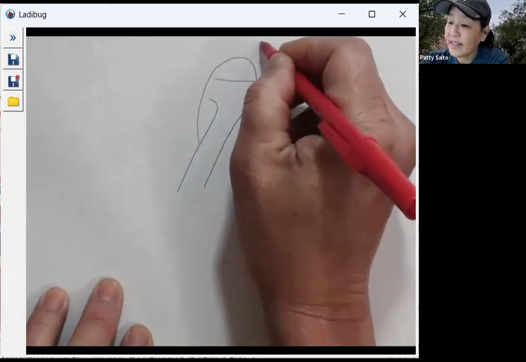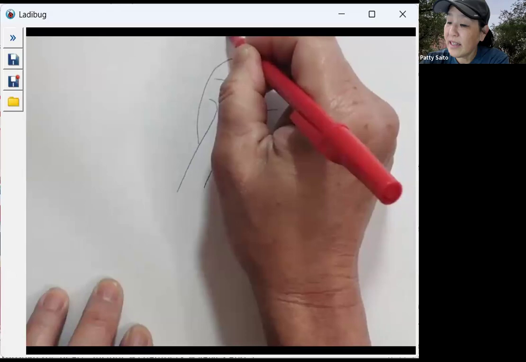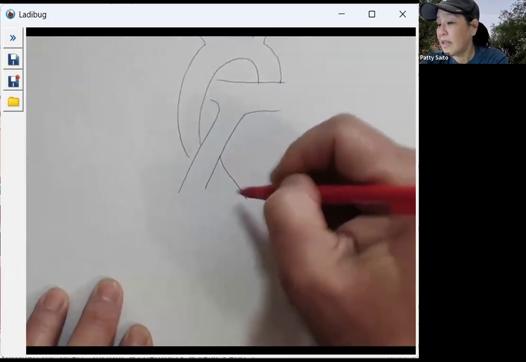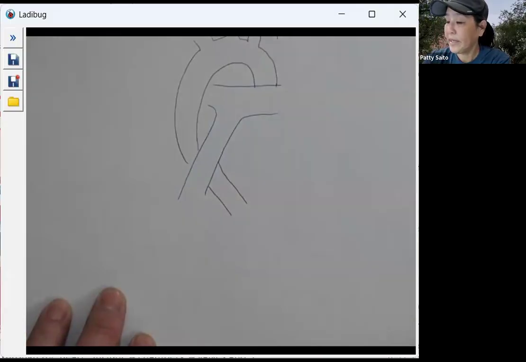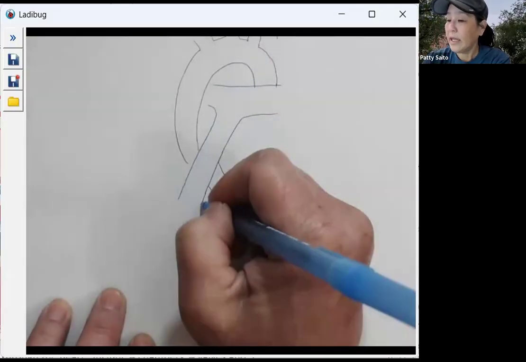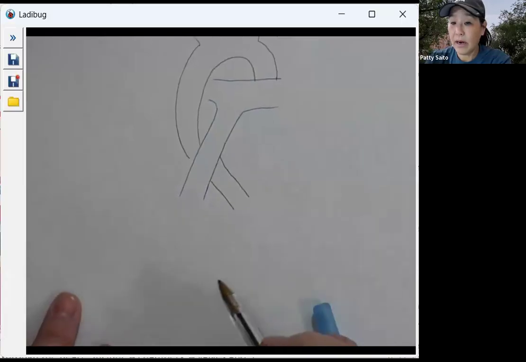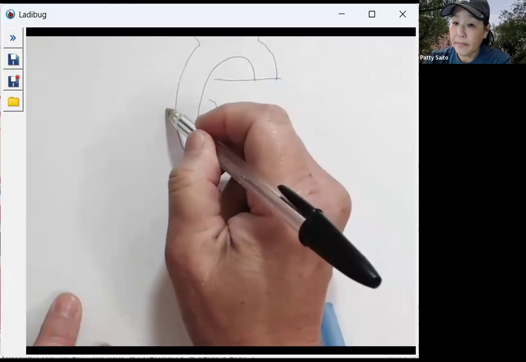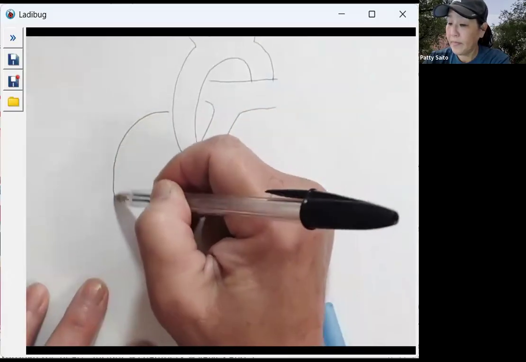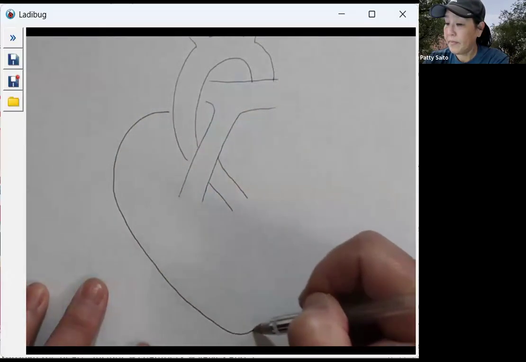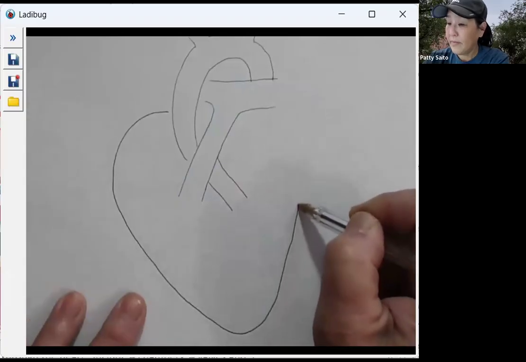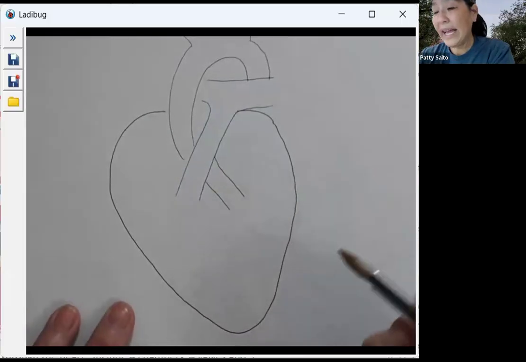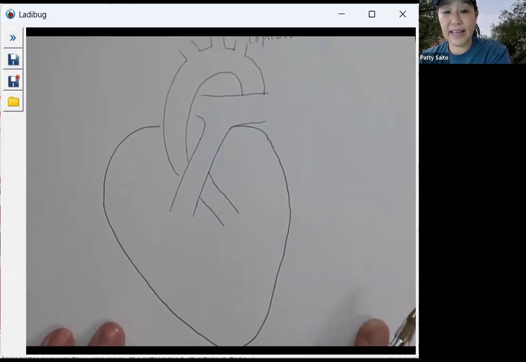All right. So kind of hold off on drawing and wait till I am gonna do this. Okay. I'm gonna draw my heart in here. Okay, I gave it a little bit of a tilt anyway.